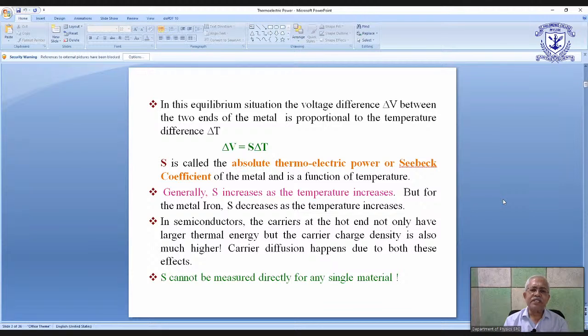And what we have discussed happens in the case of metals. Now, the same thing can happen with semiconductors also. And we will see that such a development of a potential difference by supplying heat at one end of the sample is seen in both p-type and n-type semiconductors.